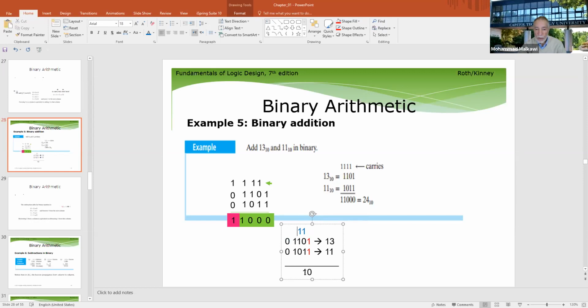So now I have 1 plus 1 is a 0, and there is a carry. Then 1 plus 1 plus a 0, again, it's a 1 right here. And there is a carry.